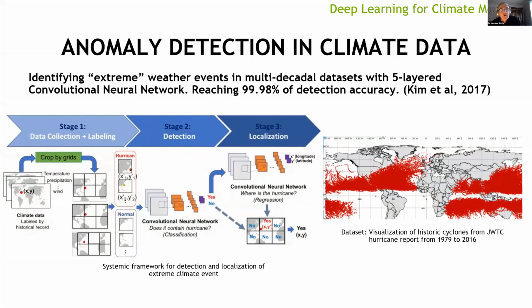A first network is trained on satellite images: yes or no, is there a hurricane in this picture? So it will just do a classification. If this classification says yes, there's a hurricane in the picture, then it will do the localization, and it will find the longitude and latitude of the hurricane.